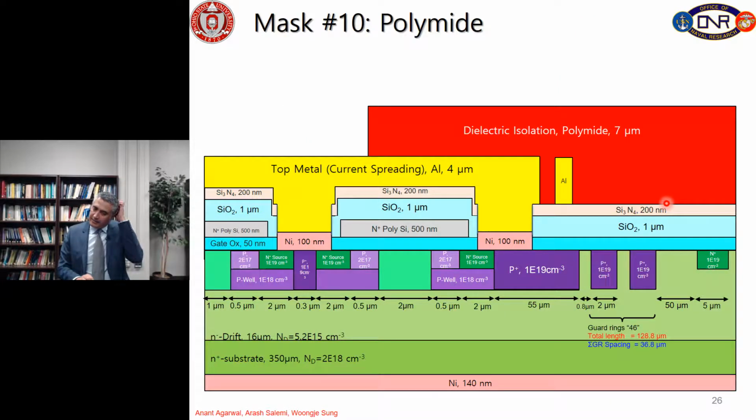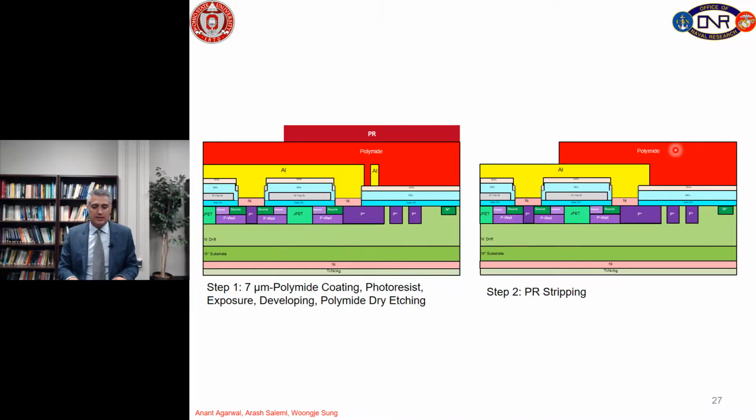So finally, we have polyimide, 7 micrometer polyimide, in order to have a dielectric isolation. And here we are just coating the sample with 7 micrometer polyimide.